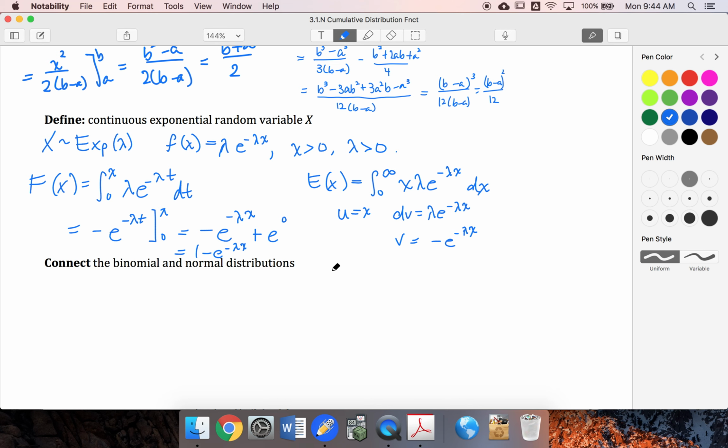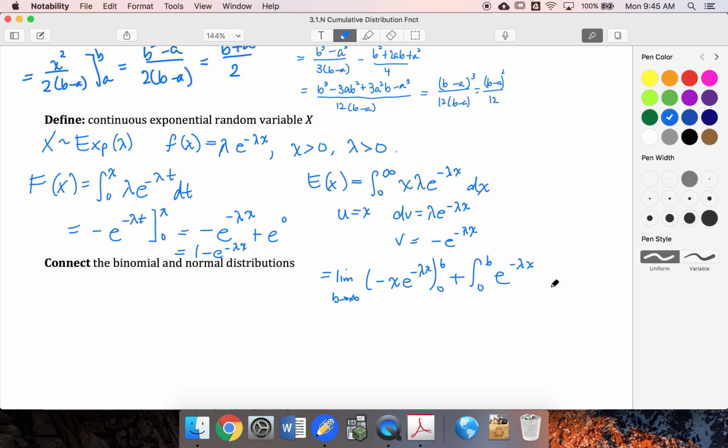Because it's an improper integral, I'm going to say this is the limit as b goes to infinity of uv evaluated from 0 to b minus the integral of v du, so minus minus makes plus, the integral from 0 to b of e to the negative lambda x.